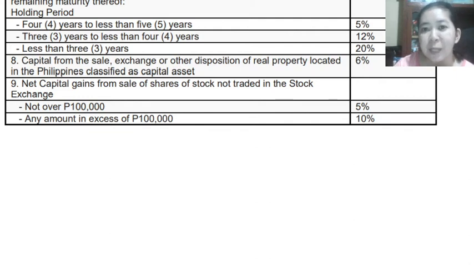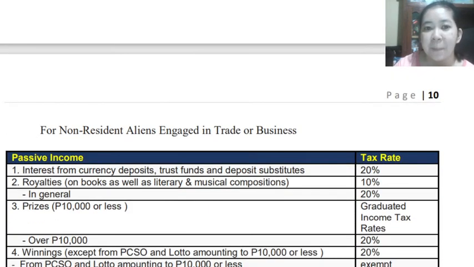So, for example, if the capital gain is 150,000, the first 100,000 is subject to 5%, and the next 50,000 is subject to 10%. So that's how it is for the final tax for the net capital gains from the sale of shares of stocks that are not traded in the stock exchange.